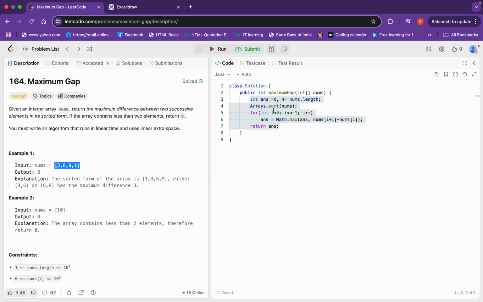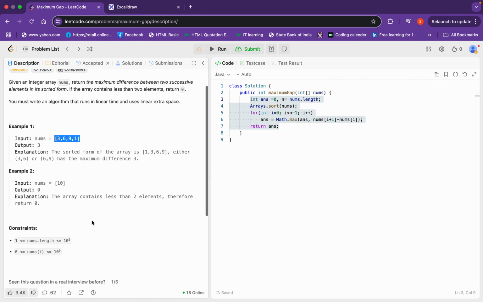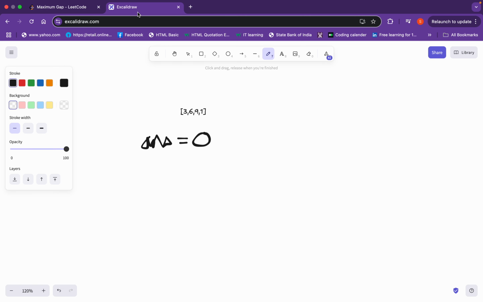We can also assign it as negative, but negative is not possible because we are sorting the array. In a sorted array, the next element would be greater than or equal to the current element. So this equation nums[i+1] minus nums[i] would never lead to negative, so we can go with the initial minimum as 0.